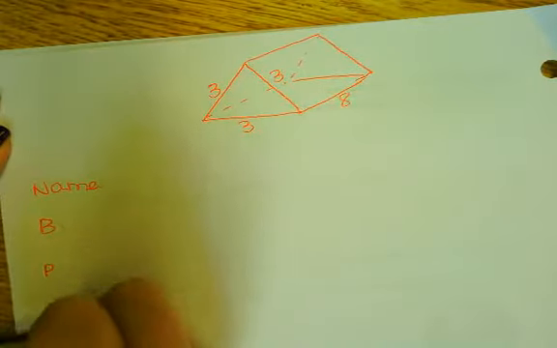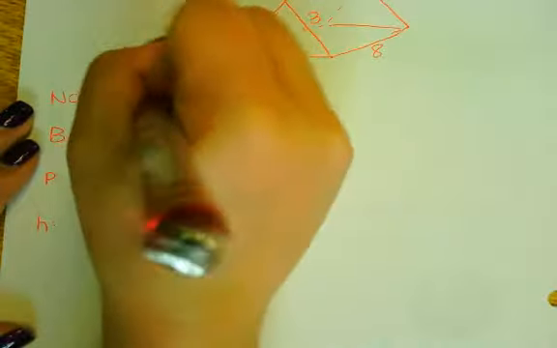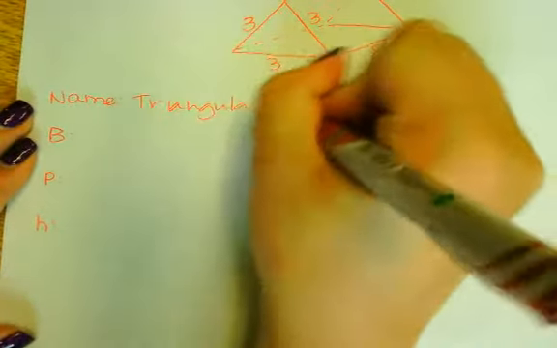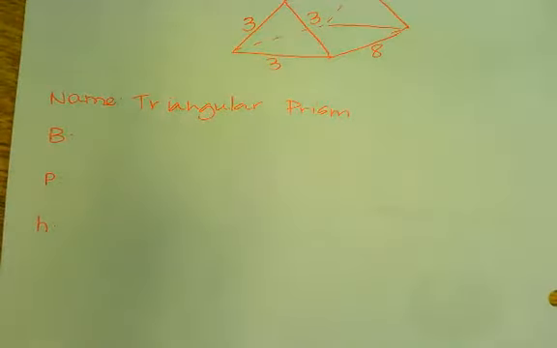Okay, what kind of shape do I have? Okay, triangle prism. How is this one different? It's an equilateral. We don't call it an equilateral triangular prism, but I just wanted you guys to recognize that it wasn't a right triangle.